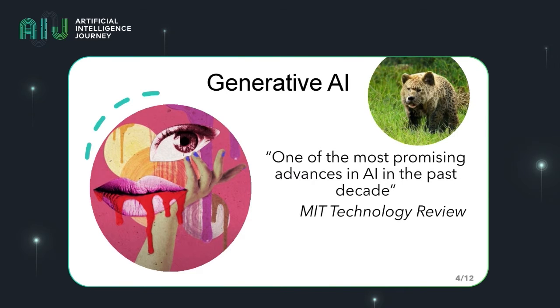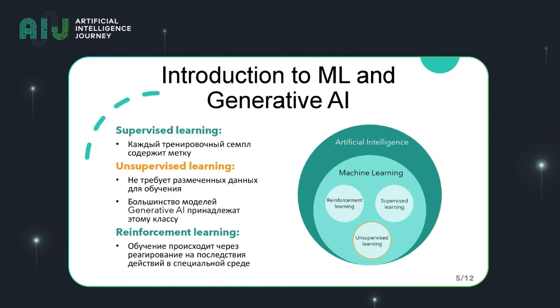This is called generative AI or generative art, and here is a quote from MIT Technology Review saying it's one of the most promising advances in AI in recent years. To continue the conversation, we need some introduction into machine learning. It is an area of AI that can be broken into three subjects. First is supervised learning, which includes models with a labeled dataset.